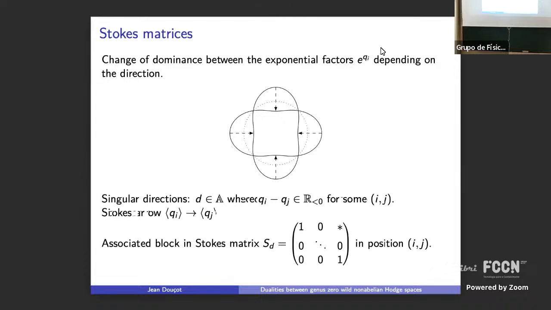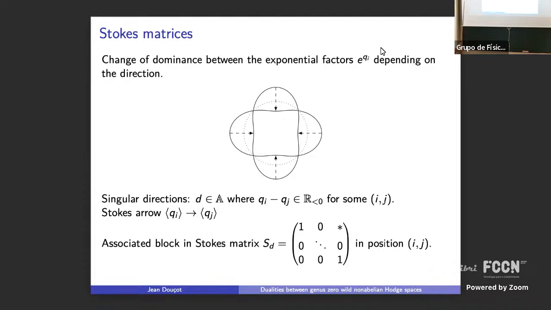And the way those generalized monodromy data appear is that I have to compare those growth rates for pairs of distinct exponential factors. Andreas explained this in more detail in his talk, but I will still say a few words here. Here is an example of a Stokes diagram with two exponential factors of degree 2 with different coefficients.